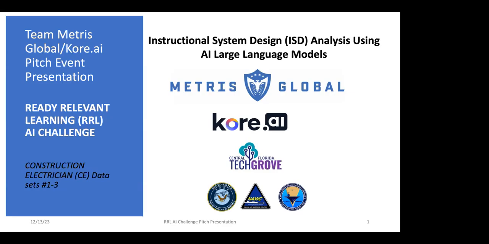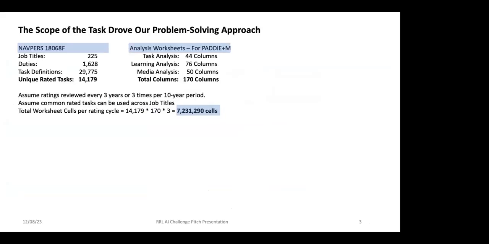Okay, thank you very much for that, Michael. I'd like to talk a little bit about the scope of the problem and how that drove our approach. In the upper left-hand corner, we have the occupational standards and some data from NAVPERS 18068 Foxtrot. You can see the large number of job titles and various duties and task definitions in this document.